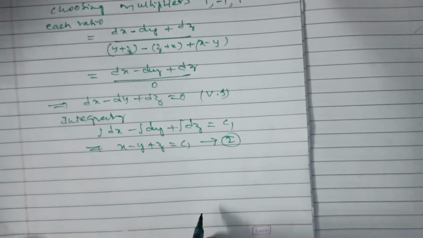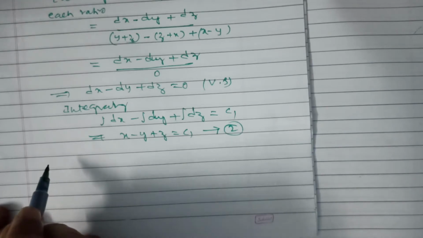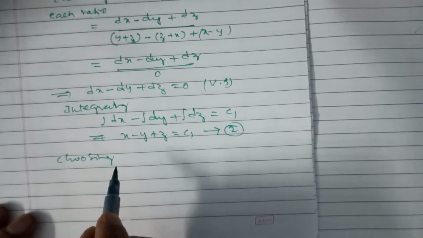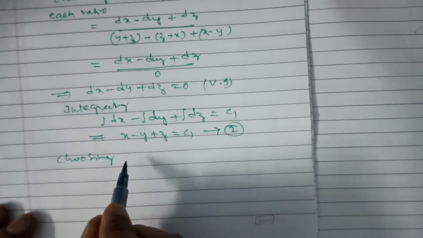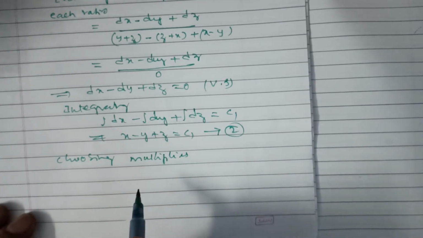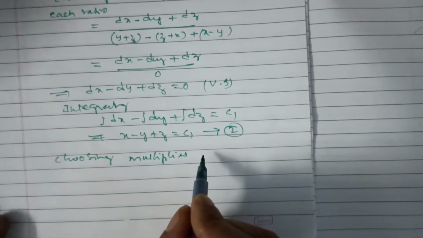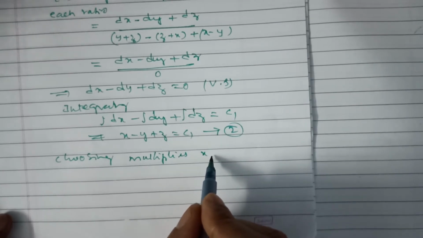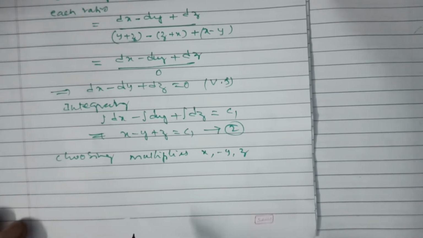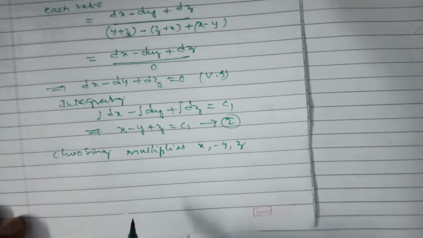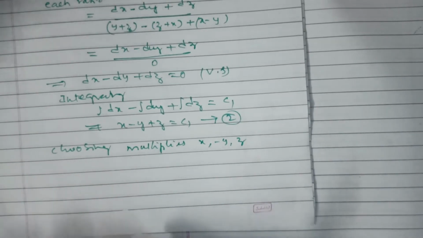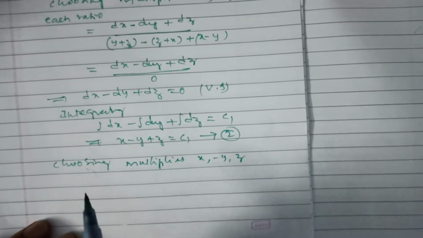Next, again, how can I make the denominator 0? So choosing multipliers x for the first ratio, minus y, z, so that automatically the square terms will be obtained and the denominators will be cancelled.